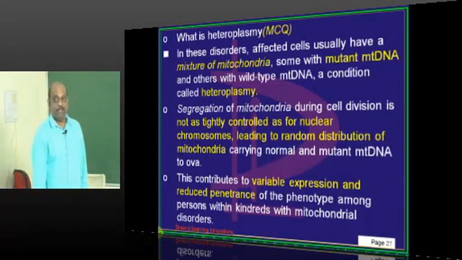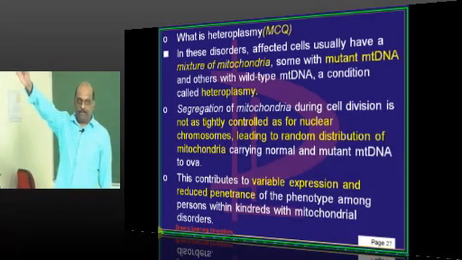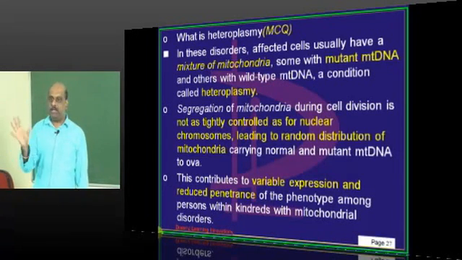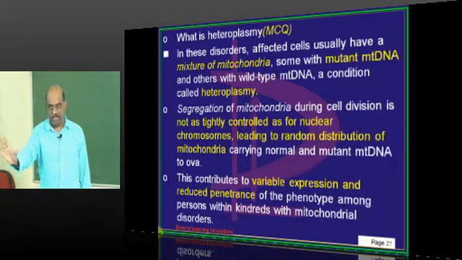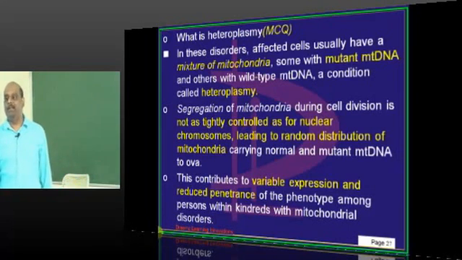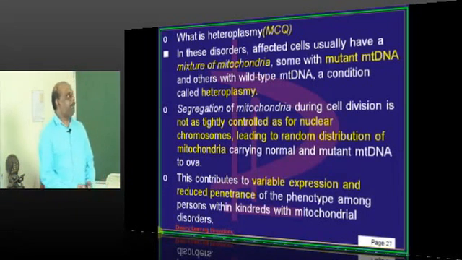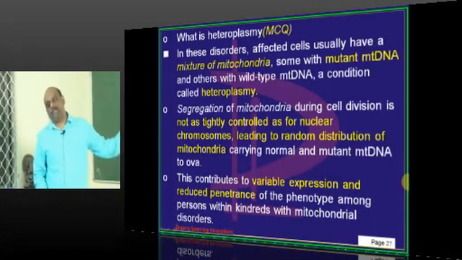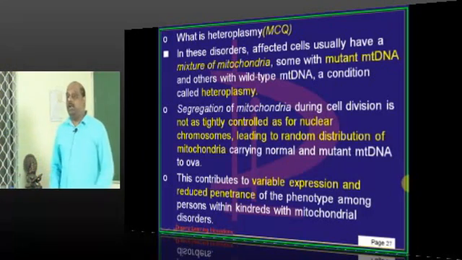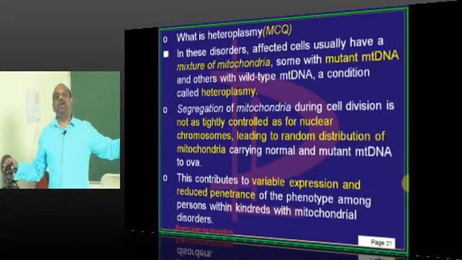Because of that, we have what is called variable penetrance. In generation 1, if 10 is there, according to the mathematical calculation, if you are expecting 100 in generation 2, instead of 100, you may only find 5 abnormal mitochondrial chromosomes, because of the issue of heteroplasmy, where all mitochondrial DNAs will not be abnormal.